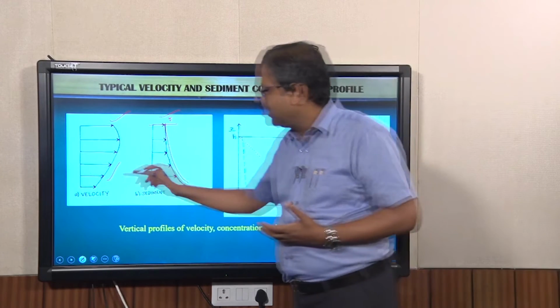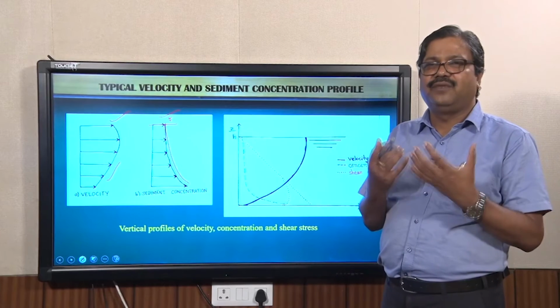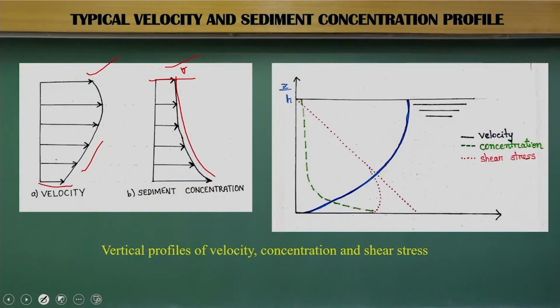For the velocity distribution with respect to depth, they assume it varies logarithmically from the bottom to the free surface zone. The suspended sediment concentration is assumed to decay exponentially from the free surface to the bed. But that doesn't happen in a complex river like the Brahmaputra.